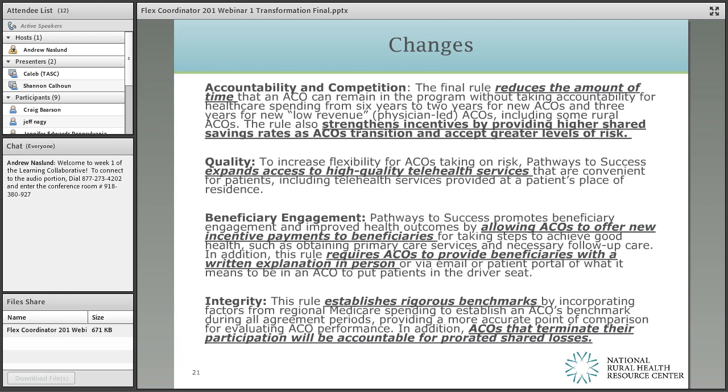I haven't seen examples yet. I think they were written into the ACO applications because it's a bit broad, but I suspect it would be something like the ability to pay for care coordination or buying scales for CHF patients. There are ways in which it will be easier for beneficiaries to seek out providers who are into alternative payment models.